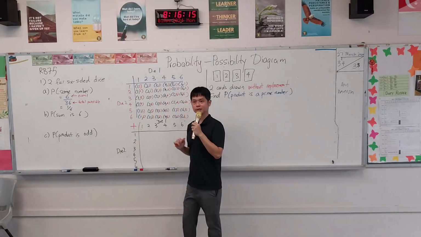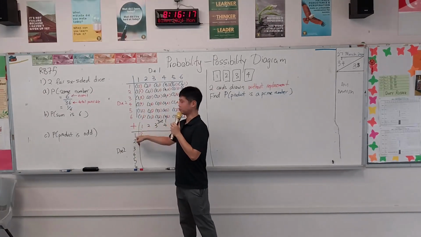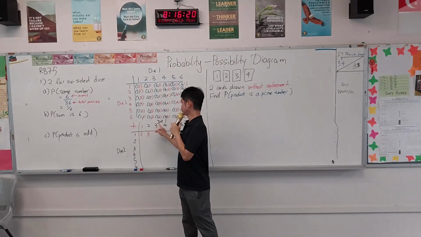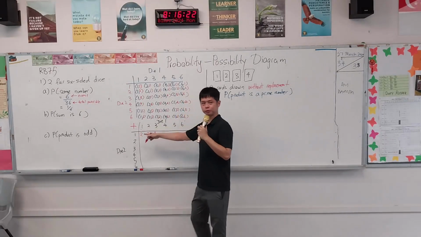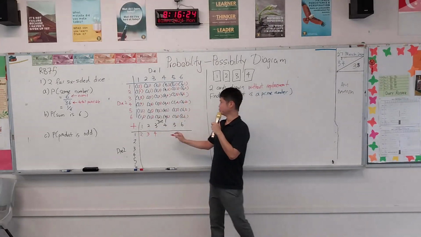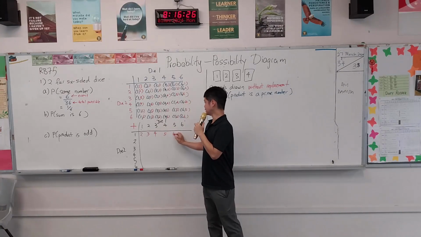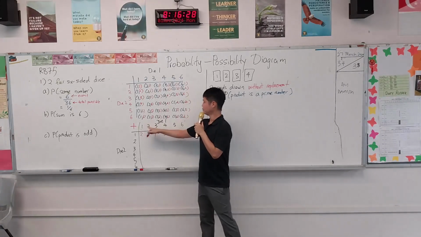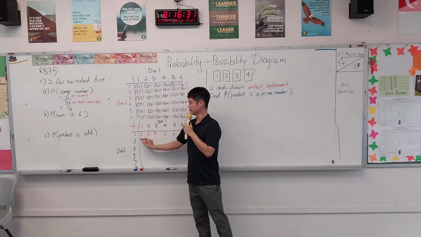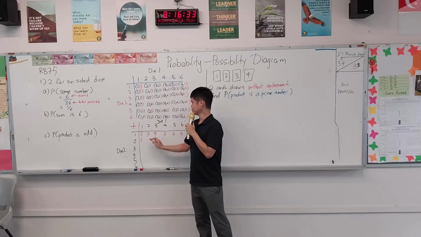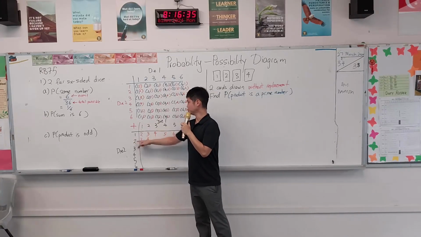1 plus 1, 2. 2 plus 1, 3. 3 plus 1, 4. You definitely see a pattern: 2, 3, 4, 5, 6, 7. Okay, one more time. 1 plus 2, 2 plus 2, 3 plus 2.